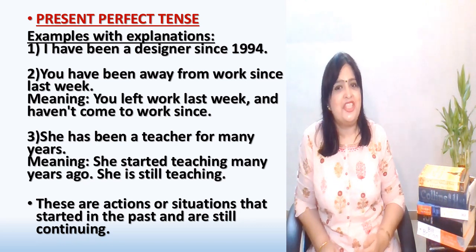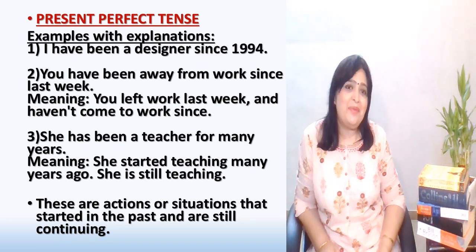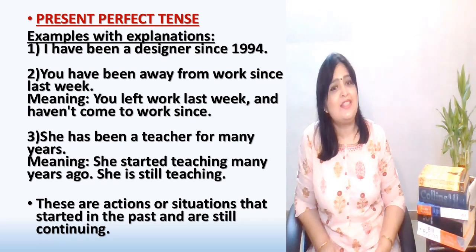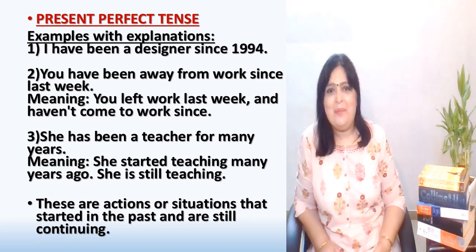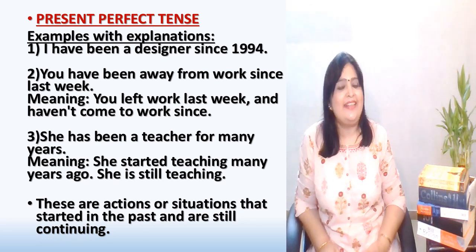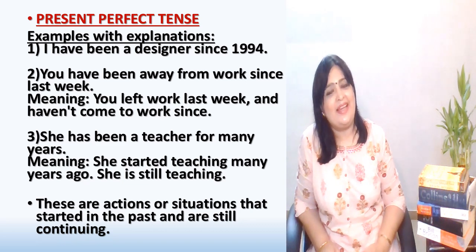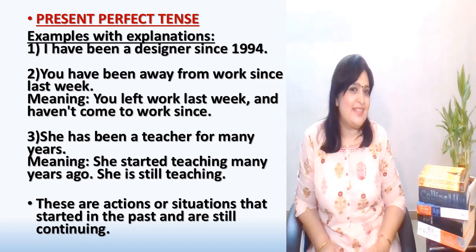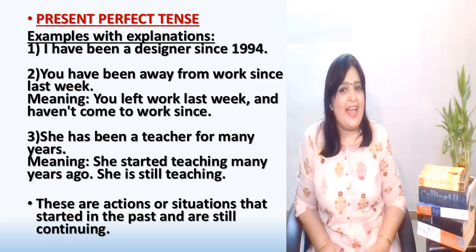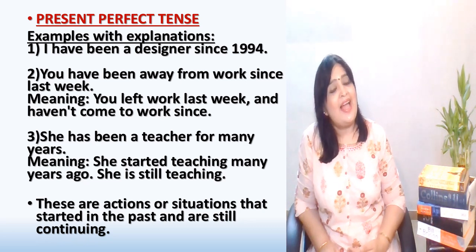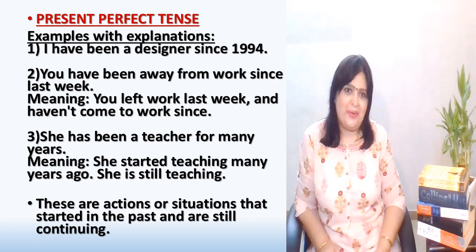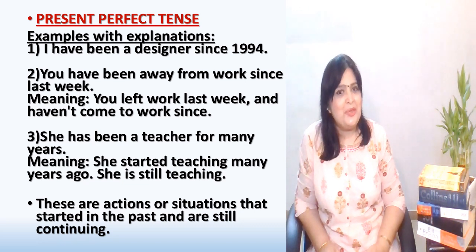So we use she has been. And has been is used because she is a singular subject. ये तो आपको पता ही है. So this sentence is also in present perfect tense. These are actions or situations that started in the past and are still continuing. Okay, is it clear to you this thing?